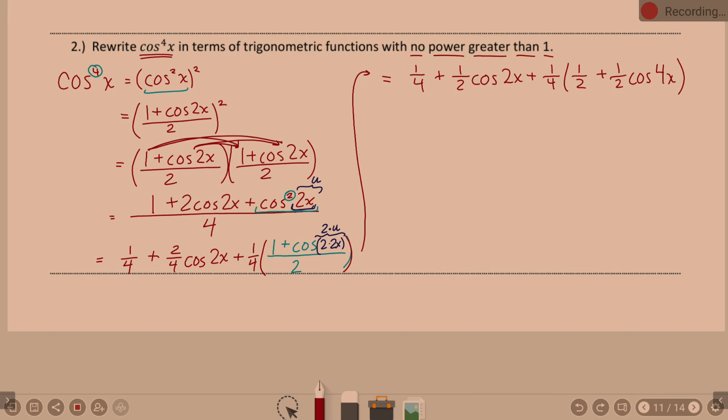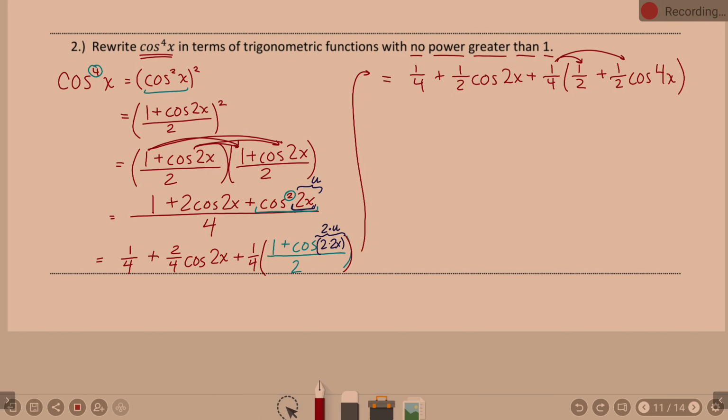Now, okay, what can I do with these parentheses? Can we distribute the 1/4? Okay. So let's see.